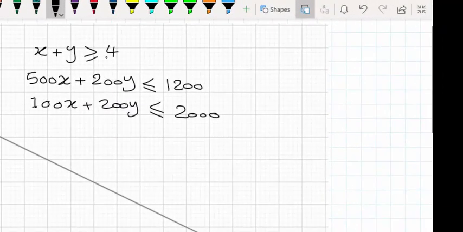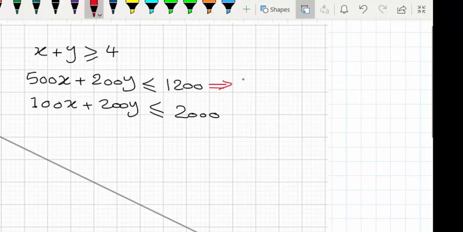We had these 3 inequalities, x plus y more than 4, and the other 2. Remember, before you start drawing, you have to simplify. That makes your drawing easier. This one can't be simplified, but the second inequality, we can divide all of it by 100.